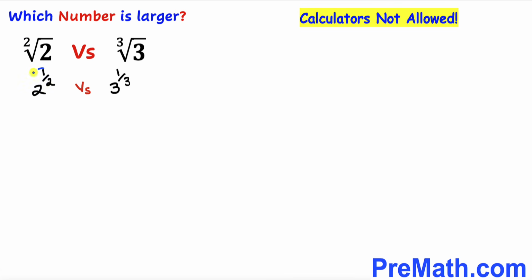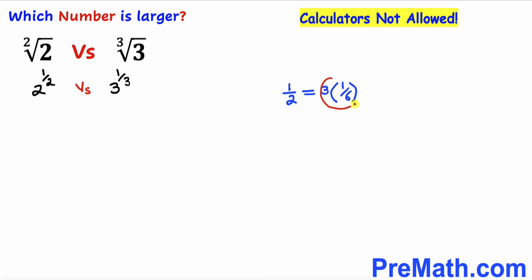Now we are going to manipulate these two numbers, 2 power 1 divided by 2 and 3 power 1 divided by 3. Let's focus on this exponent 1 divided by 2. I'm going to copy it down over here. This can be written as 3 times 1 divided by 6.